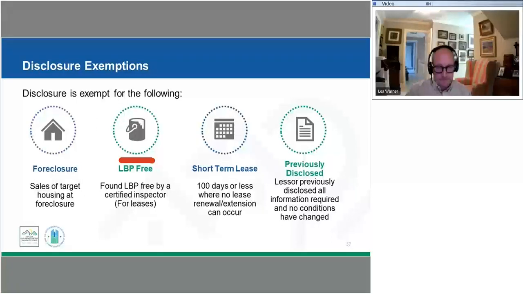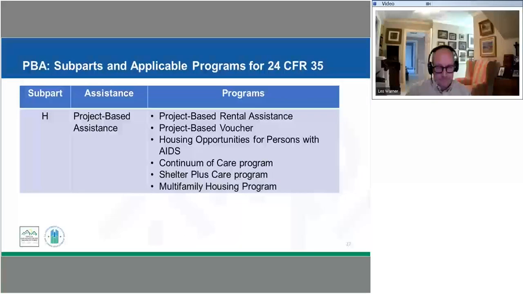Project-based assistance means how much HUD money is going into that particular project, meaning that house, that multifamily structure, units in that structure worth of subsidy for living. It's really how much HUD is paying of that rent per annum per year.